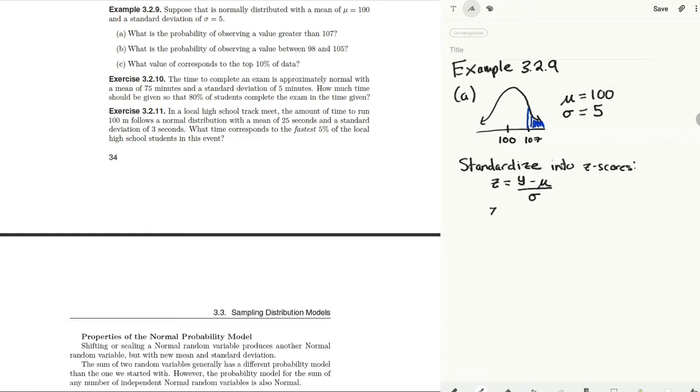So if we calculate the z-score for 107, we get 107 minus 100 divided by 5, which is 1.40. So now what we can look for is the area under the standard normal distribution, which has a mean of 0 and a standard deviation of 1.